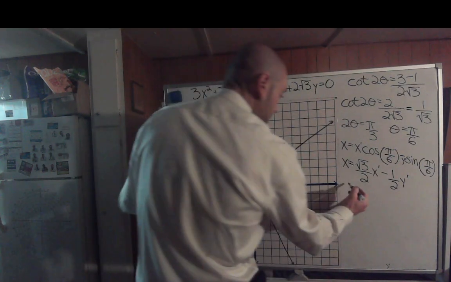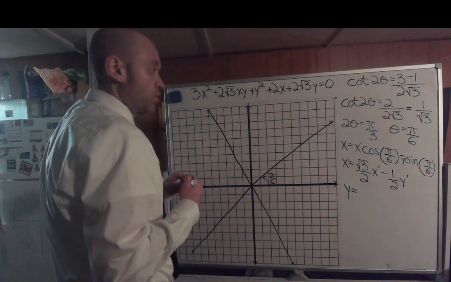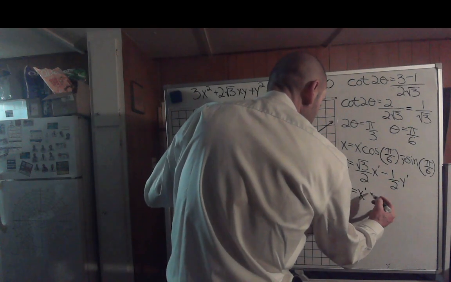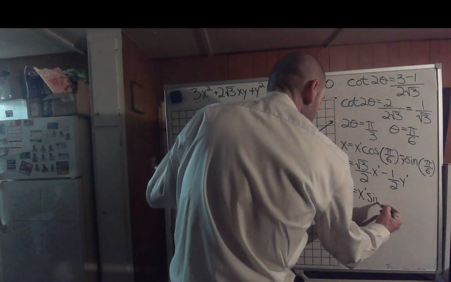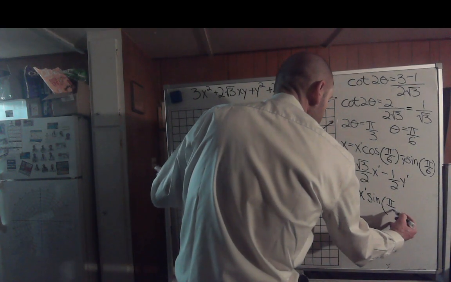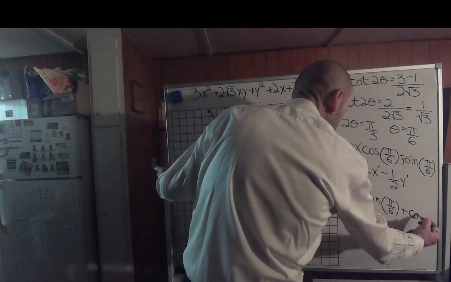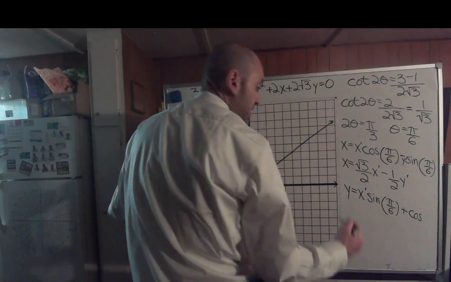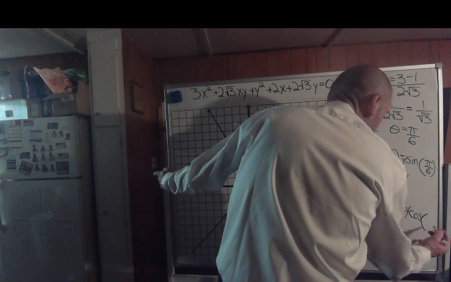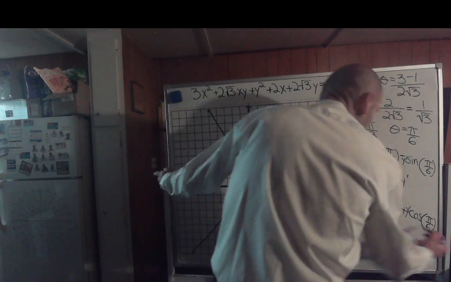Now we need to find the y. So y, of course, is always going to be x prime times the sine of theta, which would be the sine of pi over 6, plus y prime times the cosine of theta, which would be pi over 6.